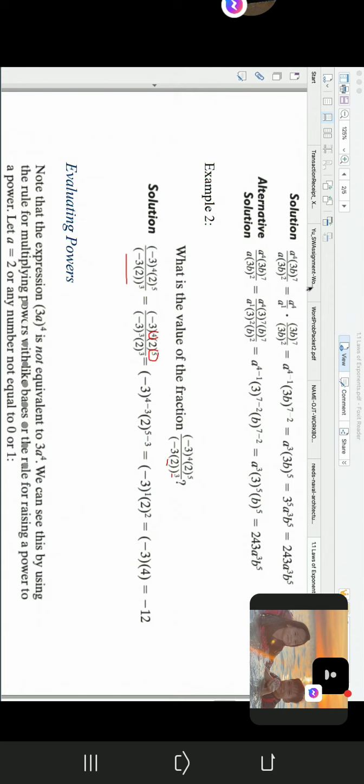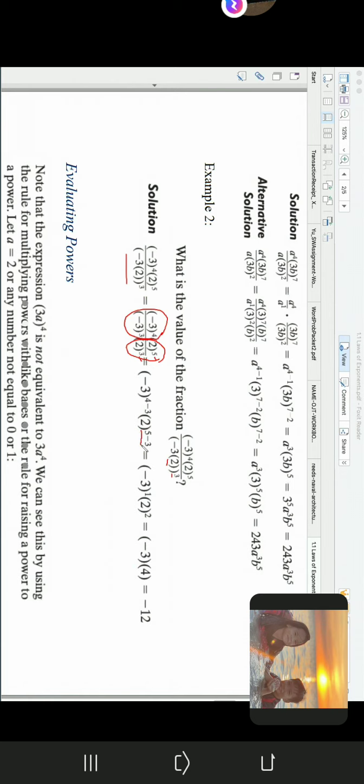Since they have the same base, you copy the base and you apply the law of division. That would be quantity negative 3 raised to the power of 4 minus 3. You have to subtract the exponent. And also this one, you copy the base, quantity 2 raised to the power of 5 minus 3.